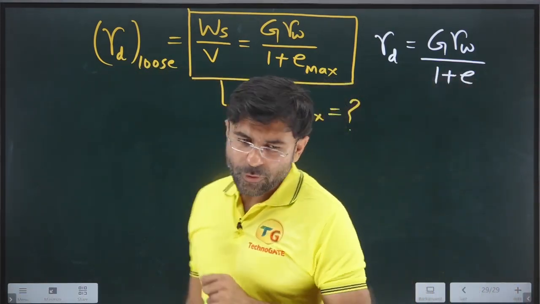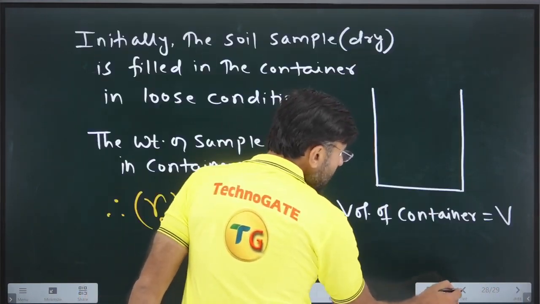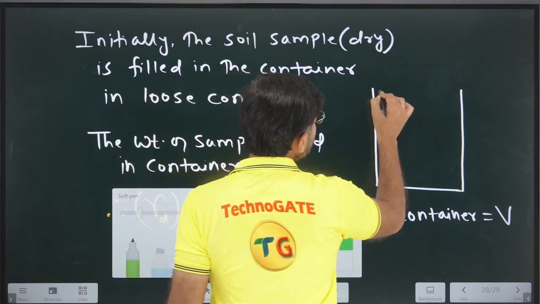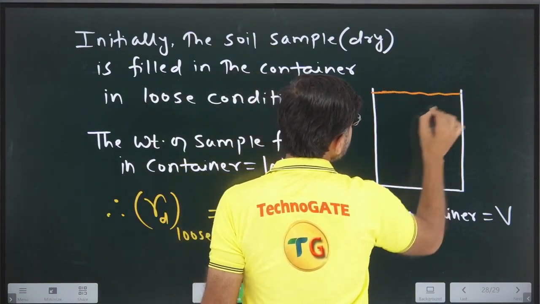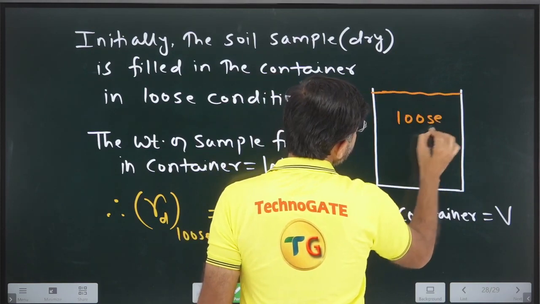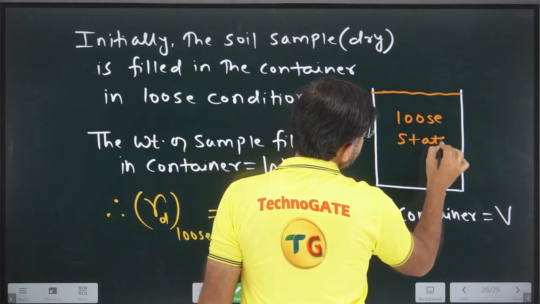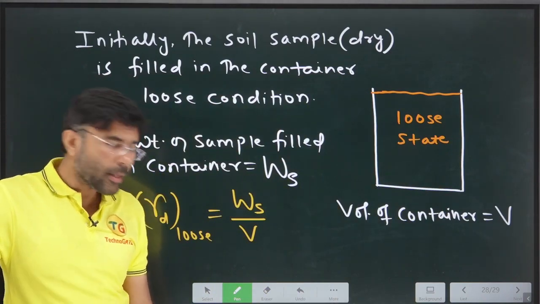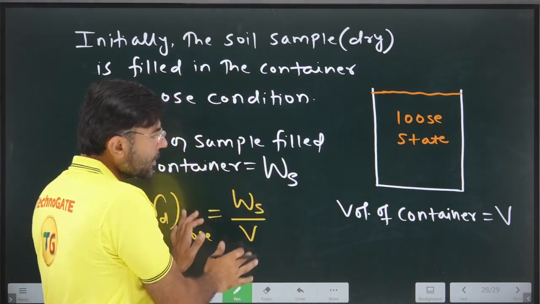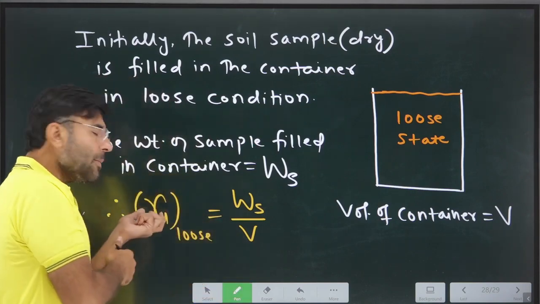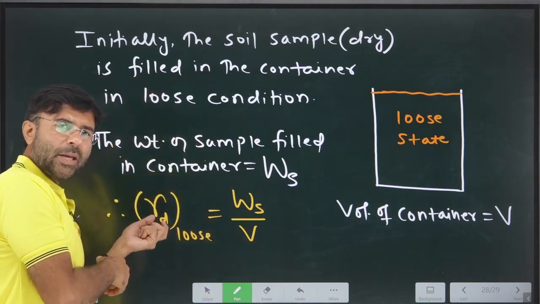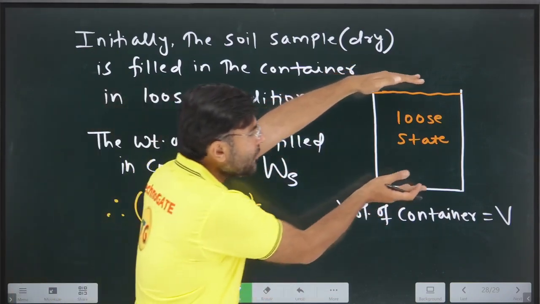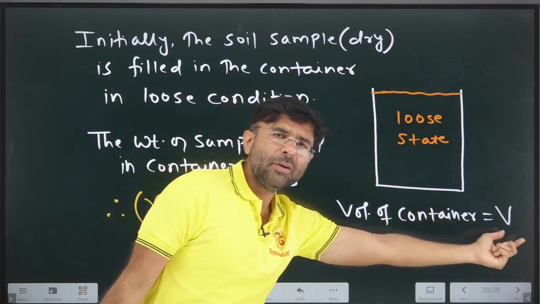Now what do I have to do? Initially, I have simply filled this container with the soil in a loose state. From this condition, I will get the value of gamma D, the dry unit weight of the soil in a loose condition, as Ws upon V. I can easily calculate the weight of the soil filled in this container, and I have the volume of the container.